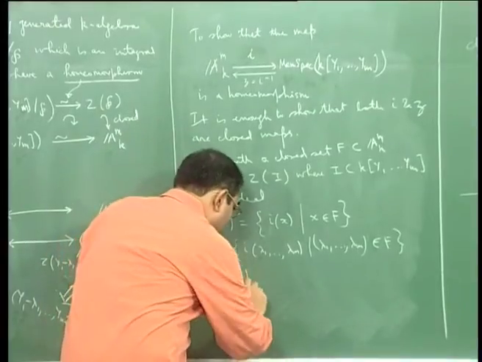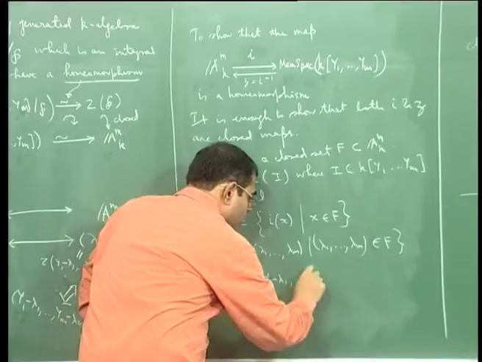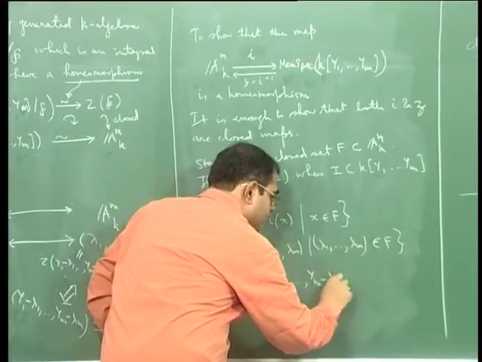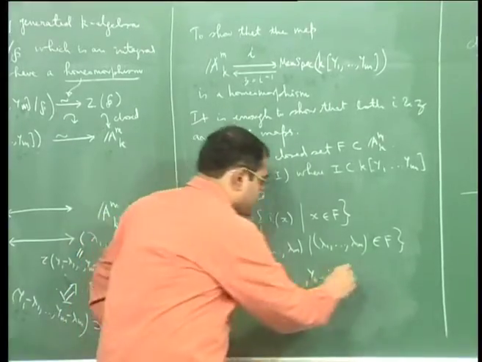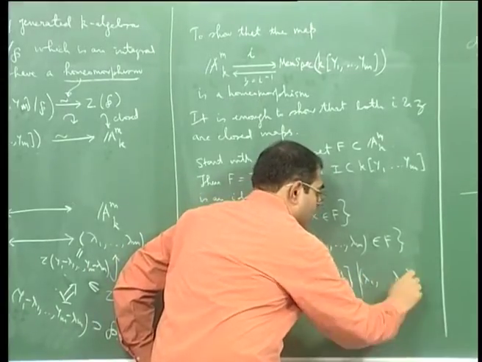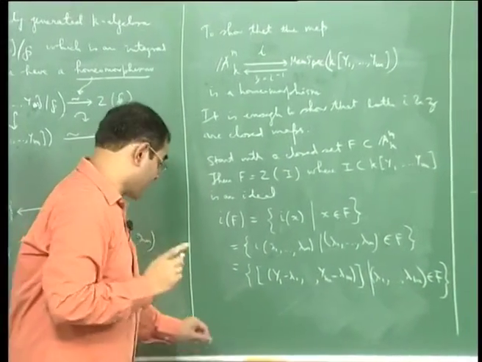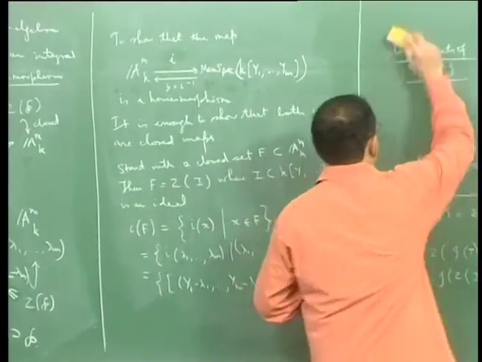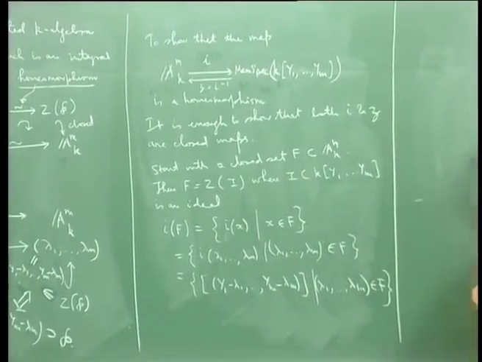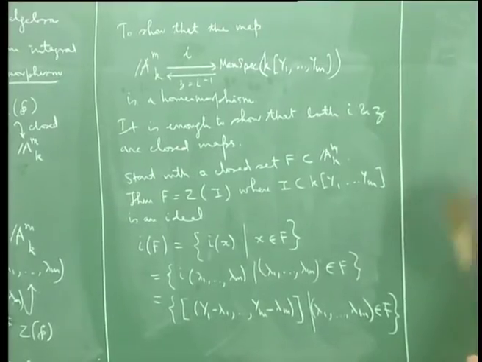So what I will get is the maximal ideal (y1 minus lambda 1, ..., ym minus lambda m), such that lambda 1 through lambda m belong to F. This is what I will get. But what is F? By definition F is Z of I. We will have to use that, and we will probably apply the Nullstellensatz.